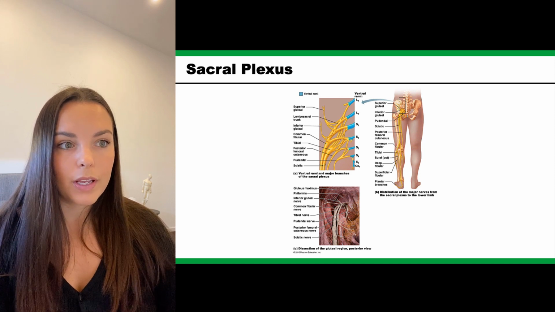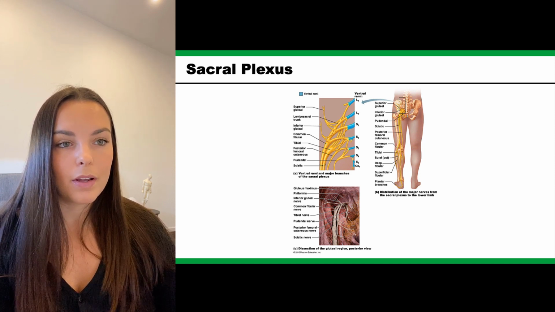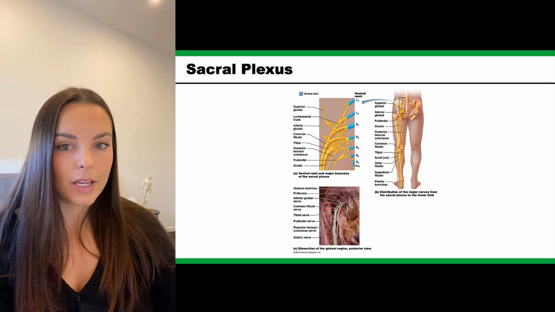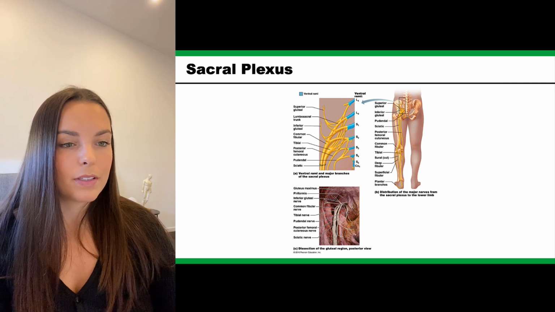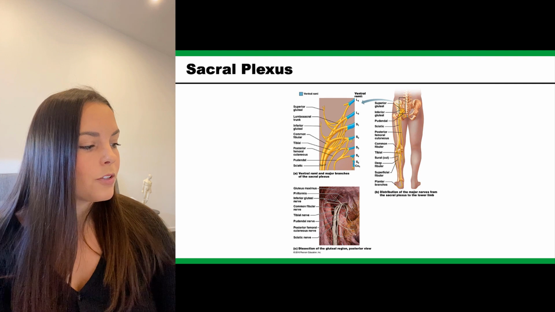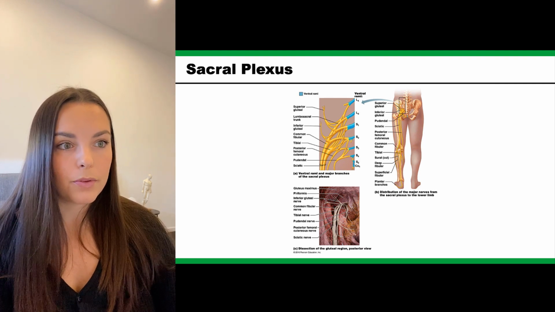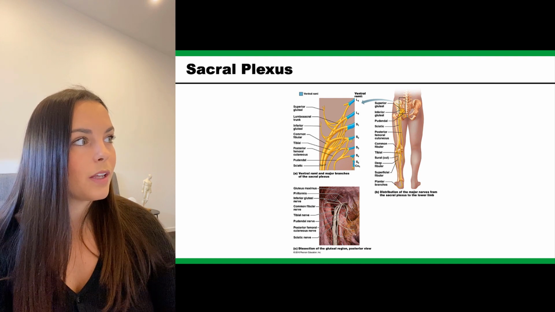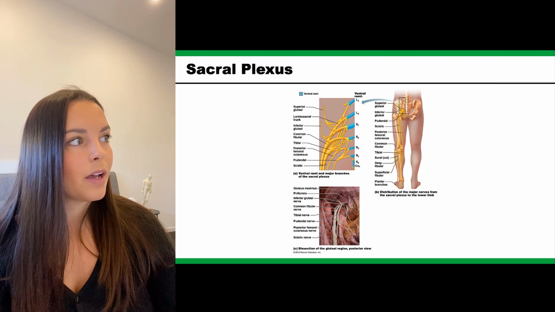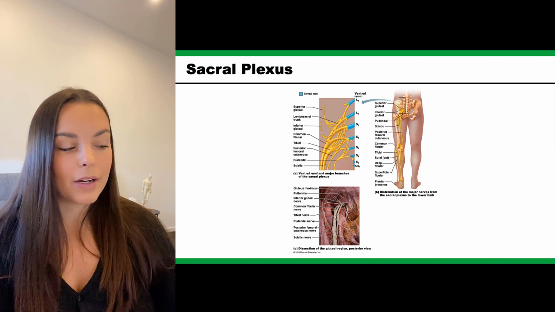So importantly, we need to remember lumbar plexus supplies anterior leg, sacral plexus supplies posterior leg. So L4 to S4, and that's the fourth sacral spinal nerve.